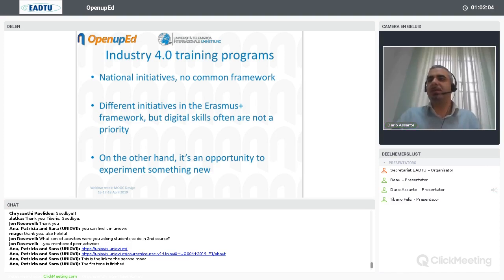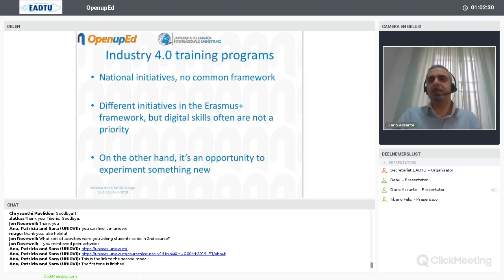In Germany, it seems they have started to define some qualifications that are going to be quite popular at European level, but there isn't a European framework about that. And also there are no specific European initiatives funding education on Industry 4.0.